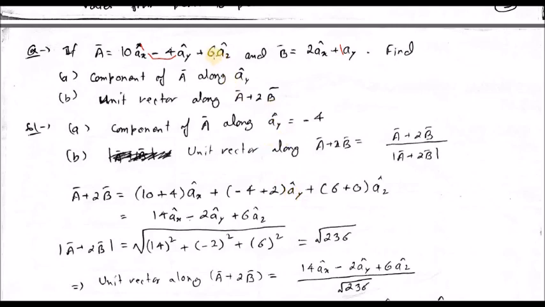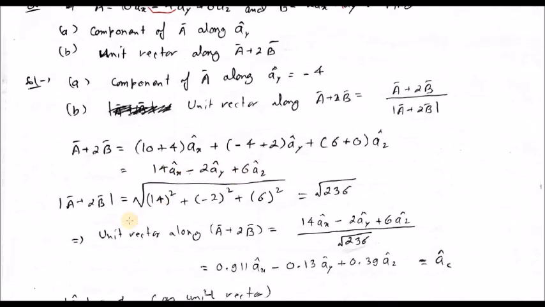For az it is 6 plus 0, since B has no z component. So A plus 2B is (10 plus 4)ax plus (minus 4 plus 2)ay plus (6 plus 0)az.